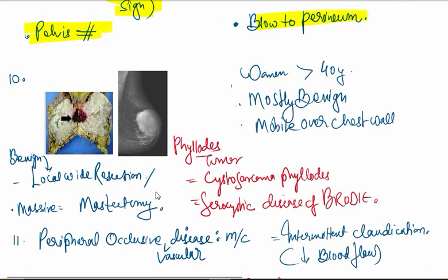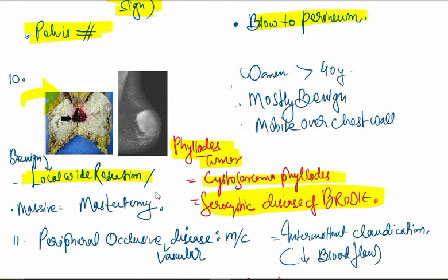Next one. So we see this resected mass of breast, and here is the mammogram. Local wide resection is done for phyllodes tumor, also known as cystosarcoma phyllodes or serocystic disease of Brodie.